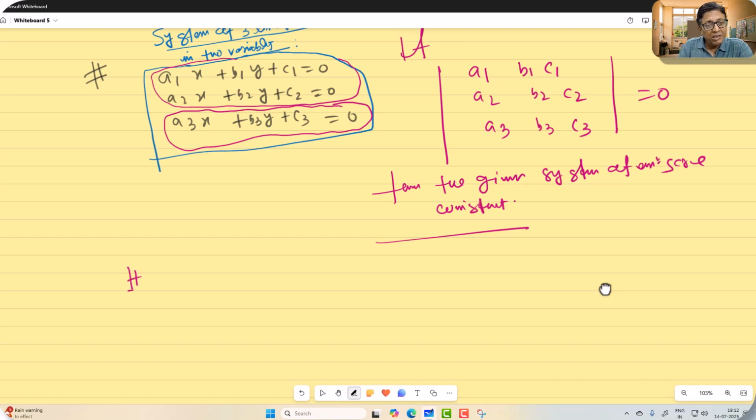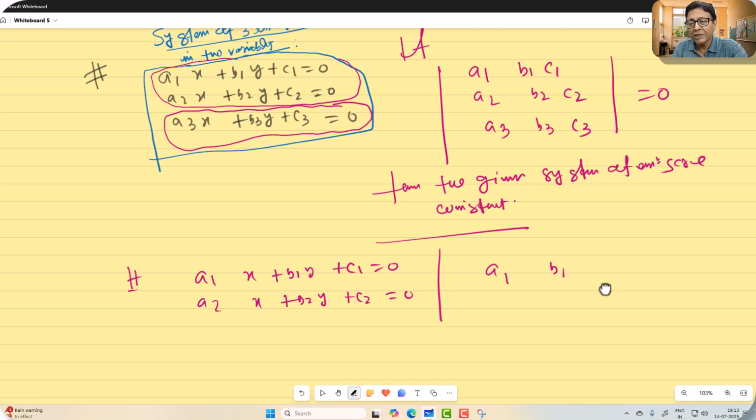For this one, if we solve a1x plus b1y plus c1 equals 0, a2x plus b2y plus c2 equals 0, then the solution is A1 B1 C1, A2 B2 C2.